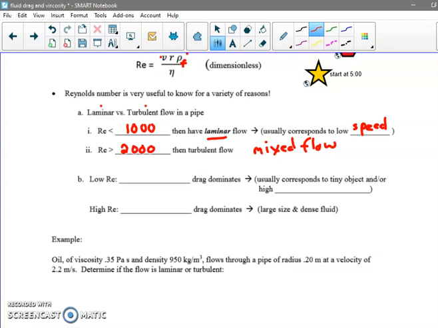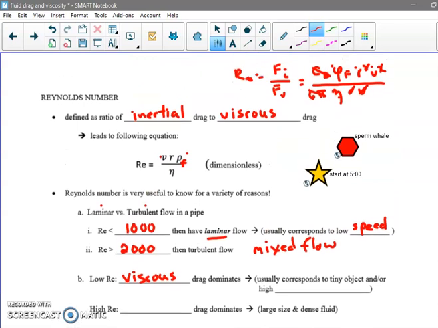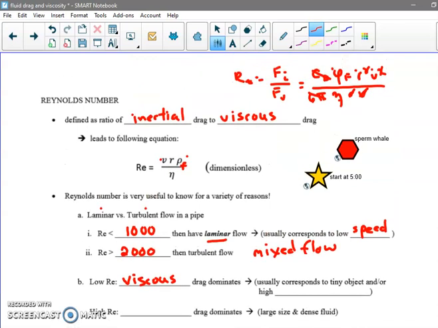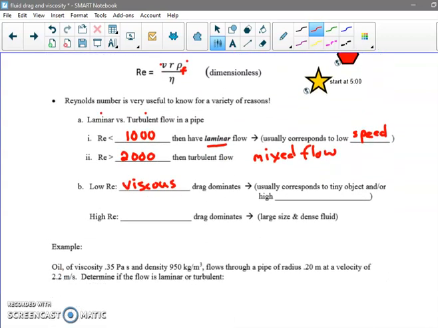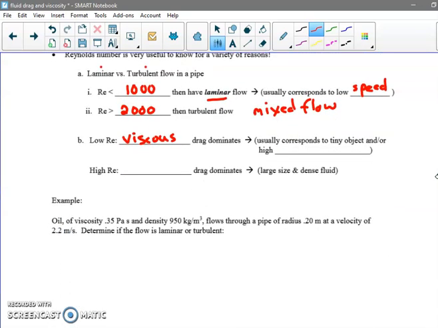All right, another aspect of looking at Reynolds number, different than whether you have laminar and turbulent, is which type of drag dominates. So at a low Reynolds number, it's going to be viscous drag that dominates, which kind of makes sense, because if we look at the definition where viscous drag is on the bottom, if it's a big value, then Reynolds number is going to be relatively small, and so we know to use the viscous drag equation.